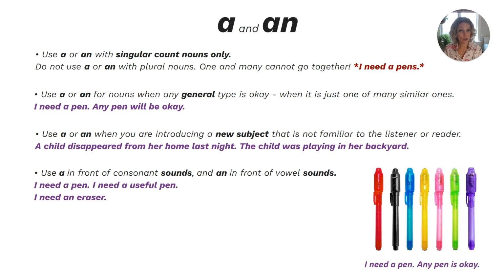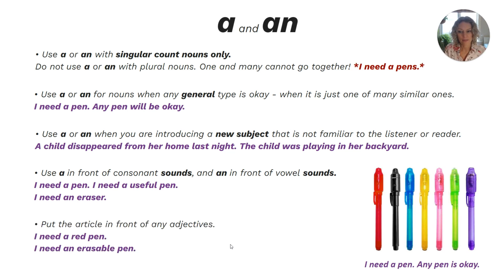So even though U is a vowel, the sound that we hear is a consonant sound. So whenever a is coming before a consonant sound, it's the correct article to use. If you have a vowel sound, then you need to use an. I need an eraser. And that's because it's easier to say an eraser than a eraser. That's why we use an, just to make the pronunciation easier.